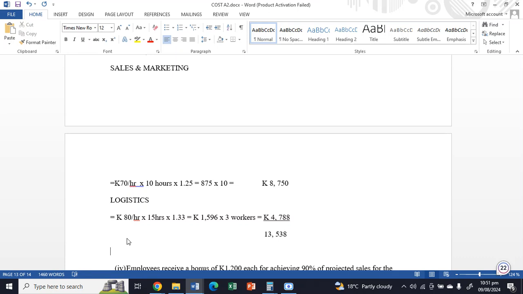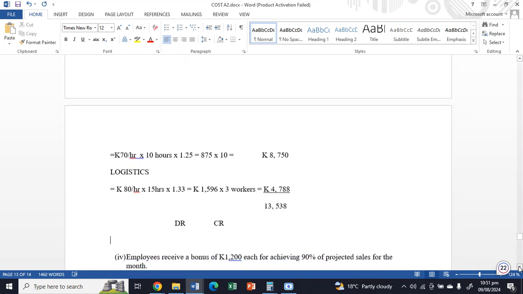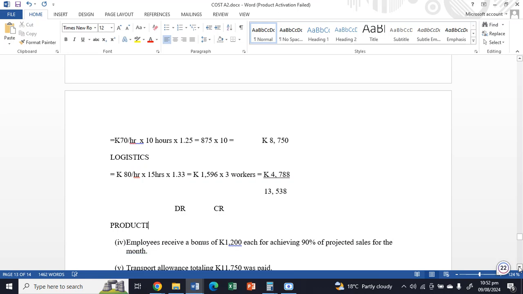So the journal entry can debit overtime, or you can also debit production overheads, and you can put in here overtime. Remember, whenever this is an expense which we have to pay to our workers, that's why it's debited, 13,538.